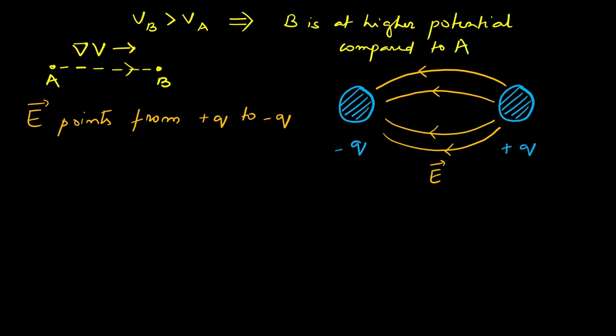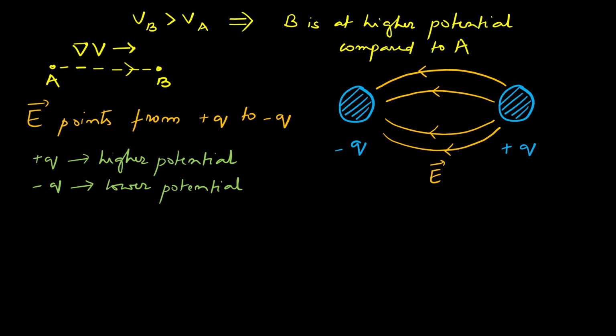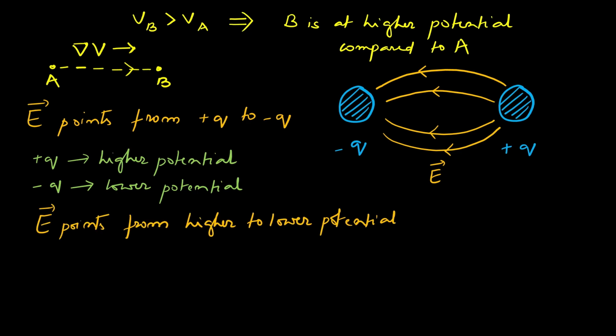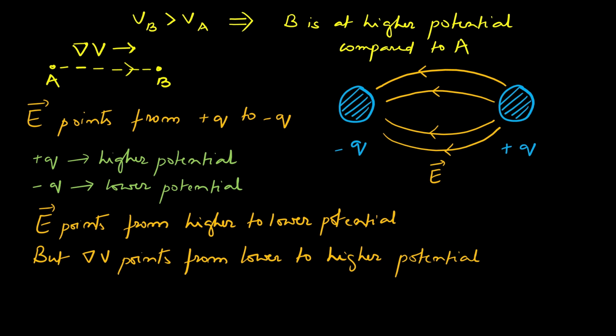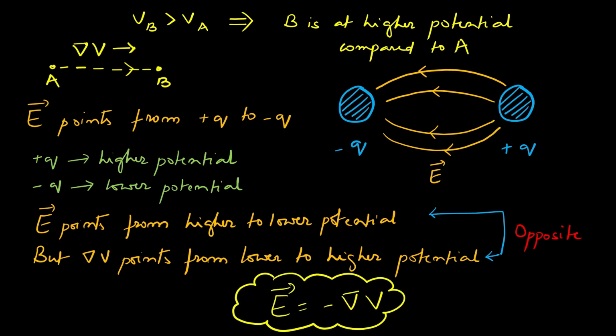But plus Q is at higher potential compared to minus Q. You can use the formula 1 by 4 pi epsilon naught, Q by R. That means I can say that electric field points from higher to lower potential. But in the beginning, we concluded that the gradient of V points from lower to higher potential. Now, if you compare these two statements, they are opposite. So because of this, a minus sign has to come in the formula.